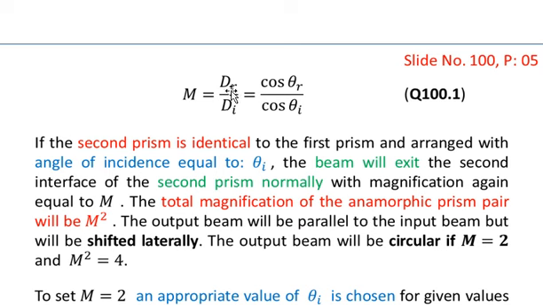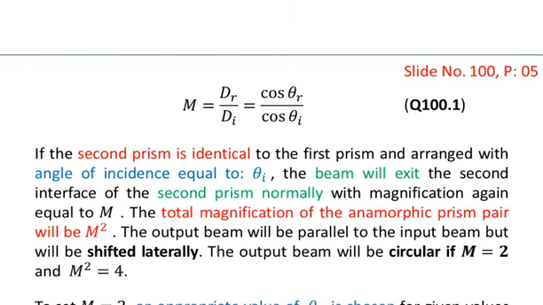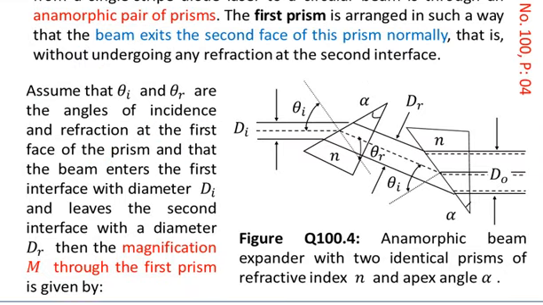The ratio of the outgoing beam to the incident beam is equal to cos theta r over cos theta i. This relation you can find out very easily from this diagram. You see that we now want to correlate cos theta r with cos theta i, and also through the diameter we want to relate diameter di with the diameter dr. You can see that this normal line is intercepting the first surface of the prism at a point over here.